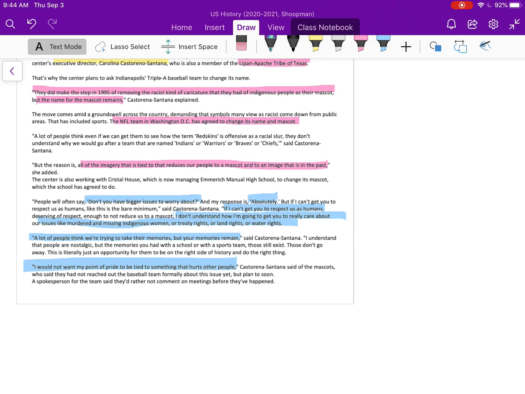So for example, I really thought it was important to point out that Carolina uses emotion to try and help people be sympathetic or empathetic. So she talks about things like memories and preserving memories. She also talks about how the thing that makes us proud shouldn't be something that also hurts another group of people. So those emotional appeals support her argument.